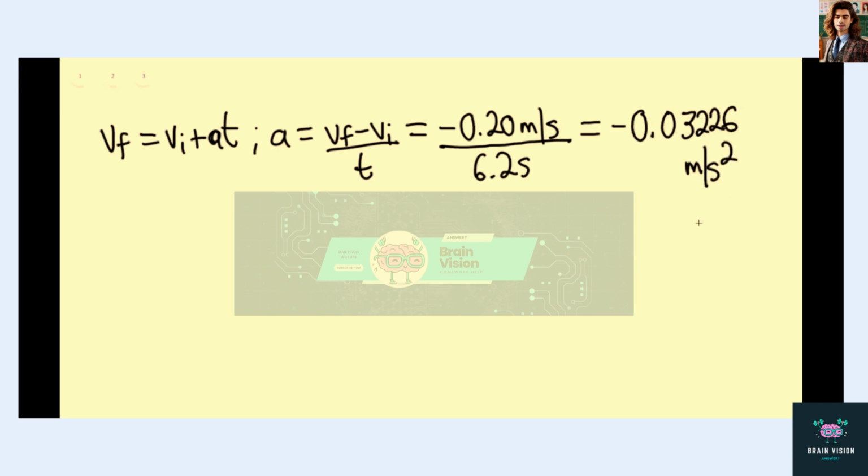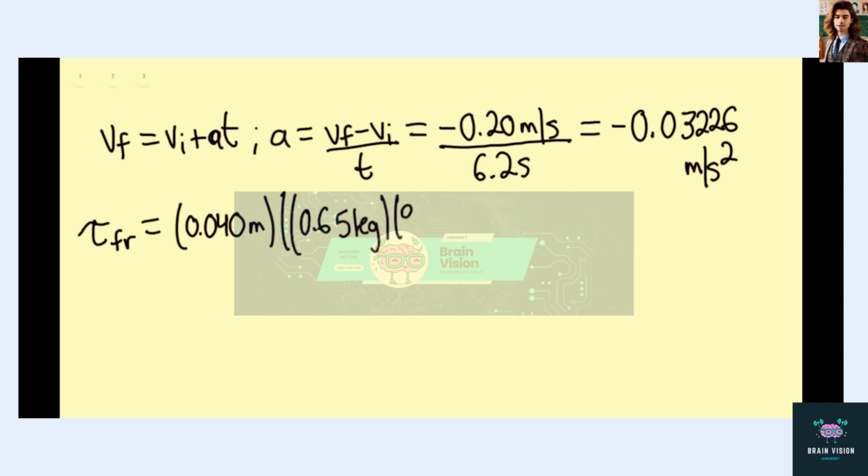And then the frictional torque could then be solved. This is going to be equal to 0.040 meters multiplied by 0.65 kilograms times 9.80 meters per second squared minus 7.35 kilograms multiplied by negative 0.03226 meters per second squared.